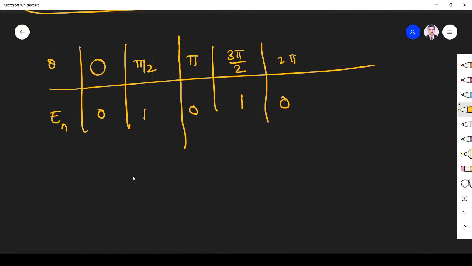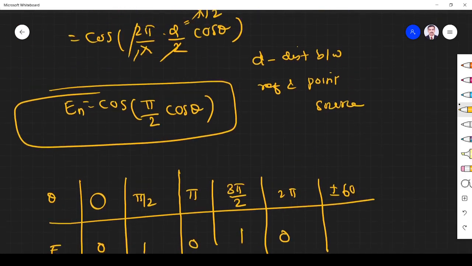What will happen at plus or minus 60? When you substitute theta equal to 60, cos 60 is nothing but 1 by 2, so it is cos pi by 4, which is 1 by root 2. Similarly, when you substitute minus 60, it is also 1 by root 2.